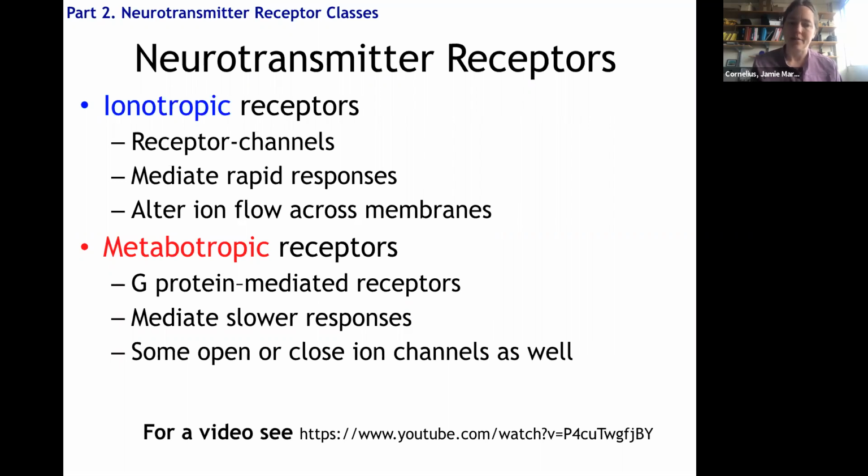It tells you what kind of receptor it is. These tend to be a little bit slower because there's a protein chain reaction that takes time, so it's slower than the ionotropic receptor responses. Some do end up opening or closing ion channels also, but they can have a wider variety of responses. And I've listed a YouTube video there if you want to see these things in a video.